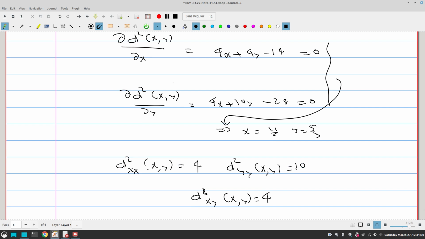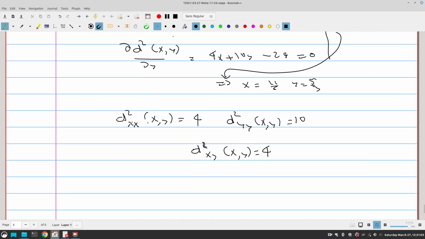Now the Hessian at xy is of course d square xx times d square yy minus d square xy square, right?